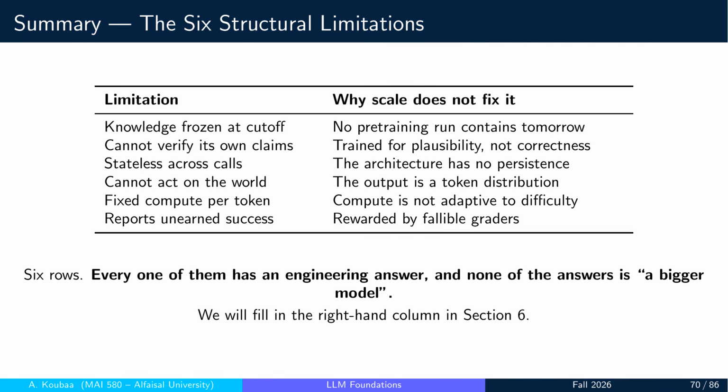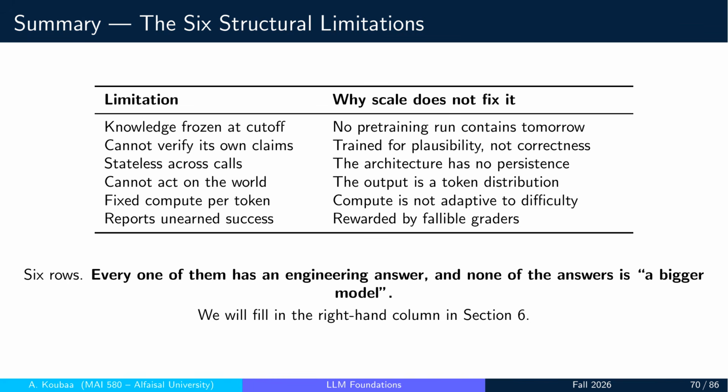Now let me draw the conclusion that reframes everything after this point. And if you keep one sentence from this section, keep this one. Look at where the structural failures cluster. Frozen knowledge, unverifiable claims, no persistence, no ability to act. Every one of those concerns the model as a source of truth and as an actor in the world.